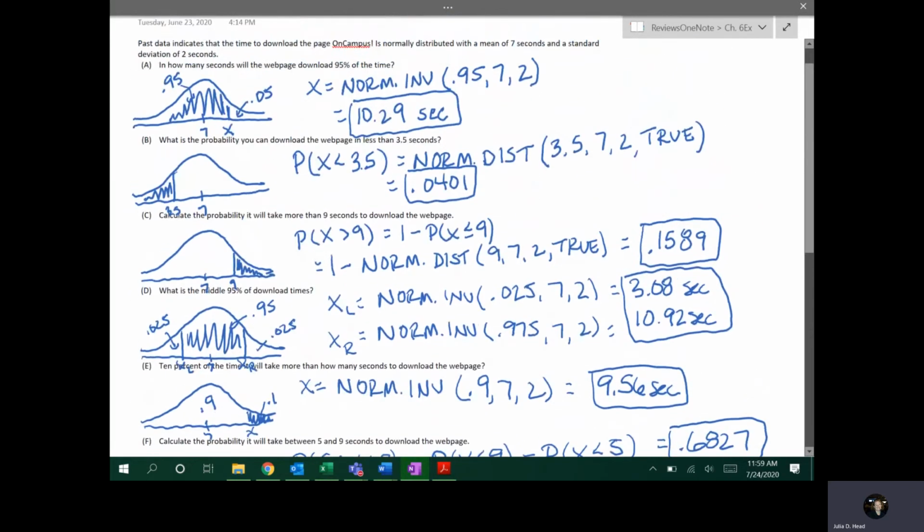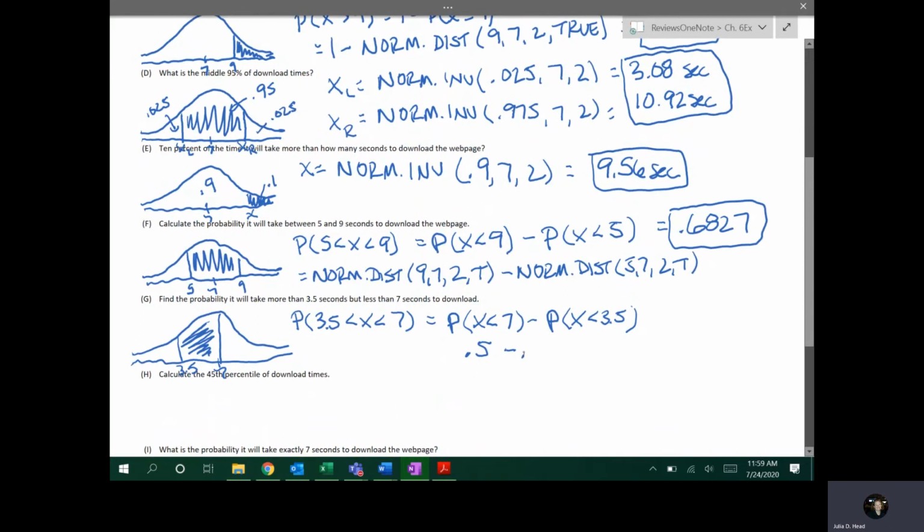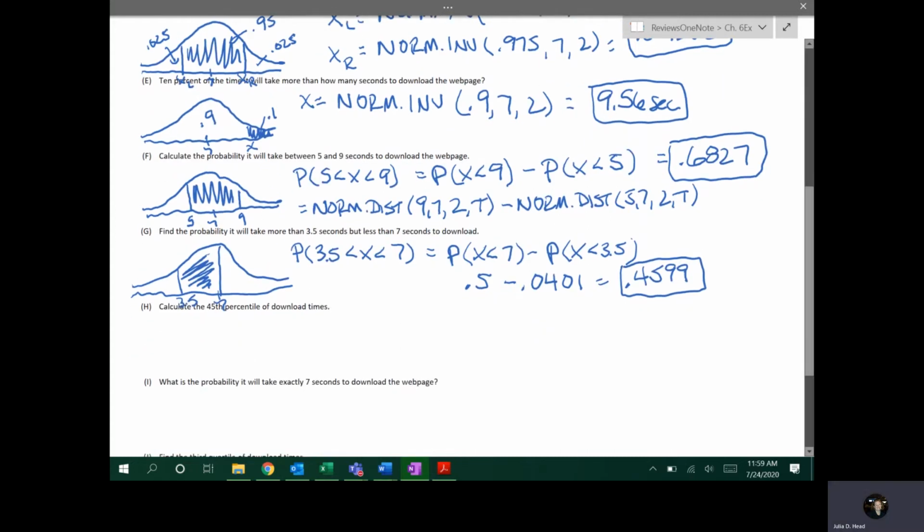Back up here in part B, we actually calculated that to be 0.0401. So we did use the between rule in a sense, but we actually never used Excel to solve this question, which is why I said it's kind of iffy. But again, things like that can pop up.